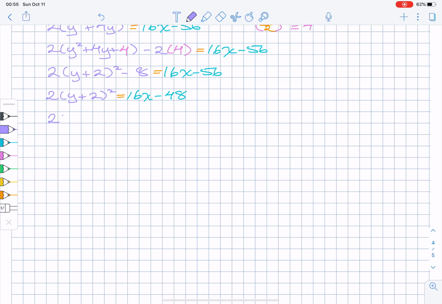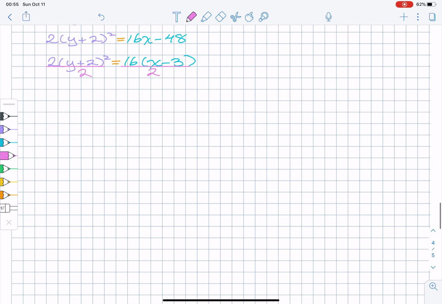So we have 2 times the quantity y plus 2 squared is equal to, let's factor the 16, and we will have x minus 3. Now divide both sides by 2, and we should be in standard form to read everything off the graph. So we have y plus 2 quantity squared is equal to 8 times the quantity x minus 3.